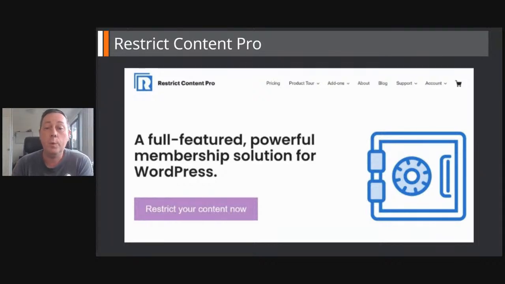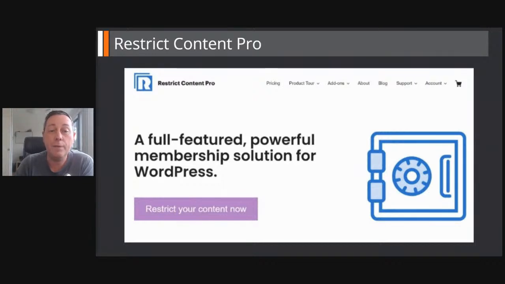Members, when they subscribe, can manage their own subscription levels. So you can upgrade and downgrade, although you can turn that off if that's not something you want to offer. Payment-wise, it supports PayPal in the lowest offering, and Stripe, Authorize.net, Braintree, and 2Checkout with pro add-ons as well.